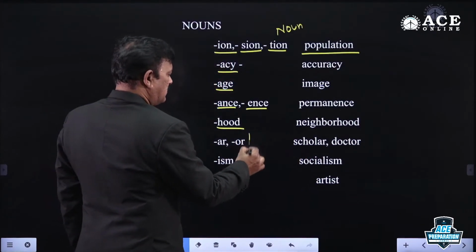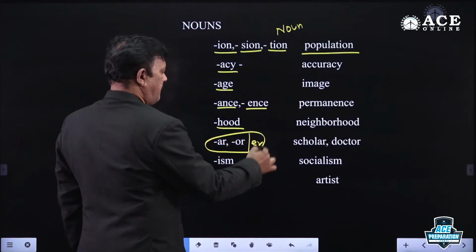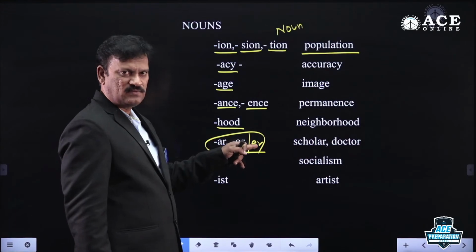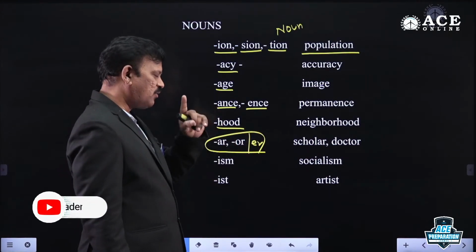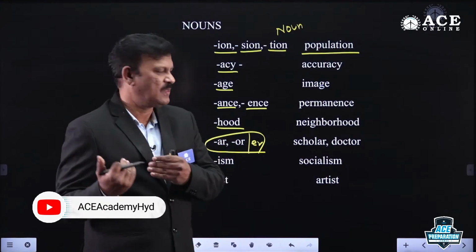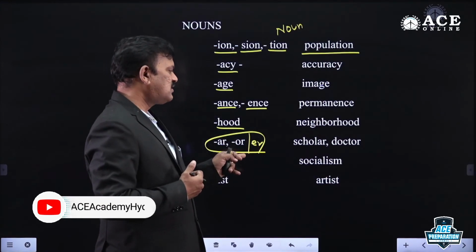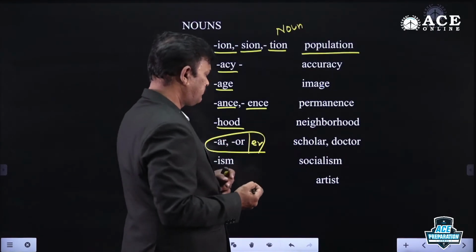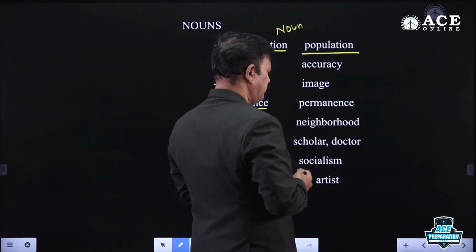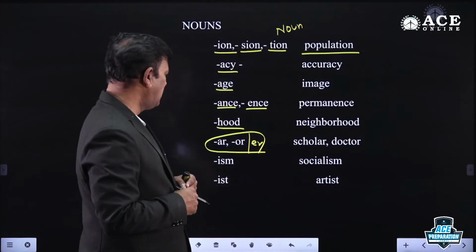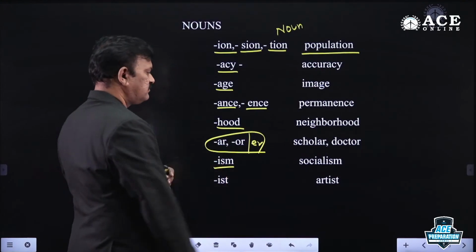And also ER. Words ending with AR, OR, ER are nouns, and pay attention to one more angle, guys. These are actually professions. Words ending with these talk about professions. Scholar, doctor, painter, tailor, something like that. ISM.